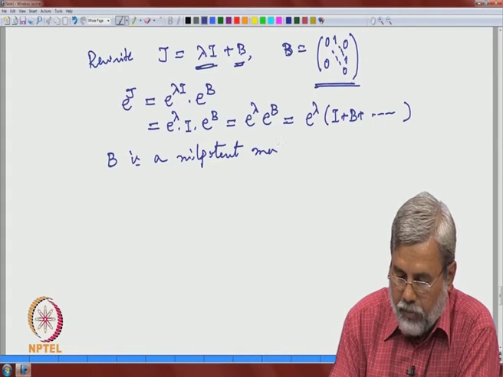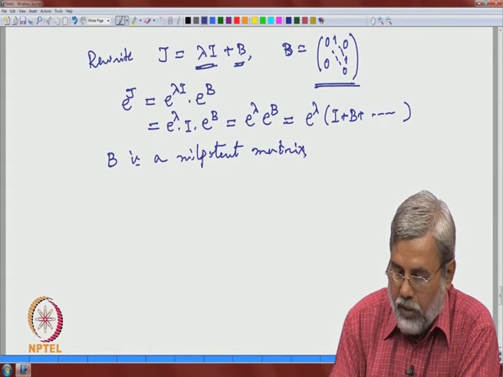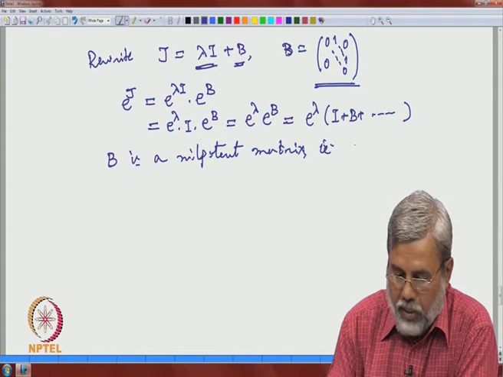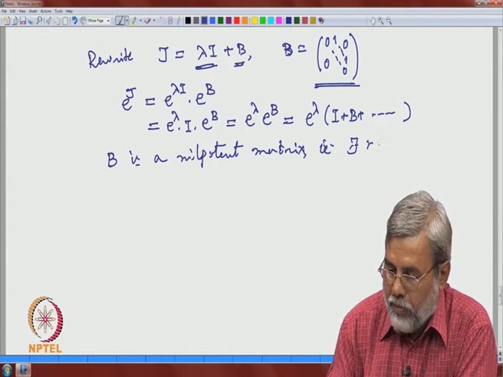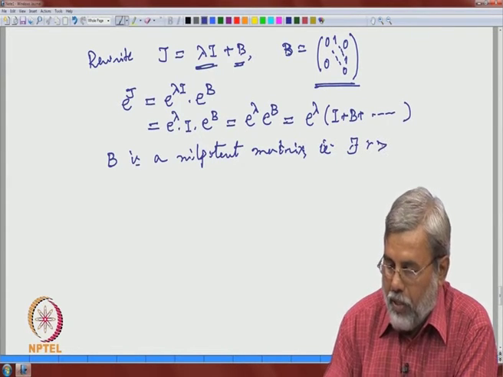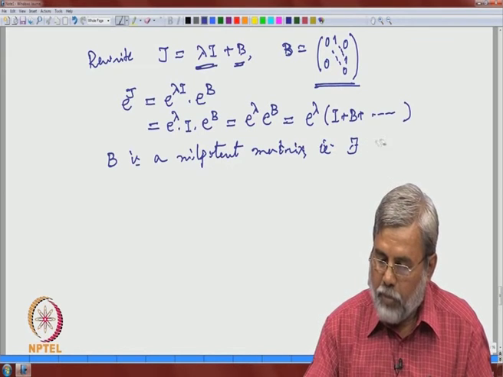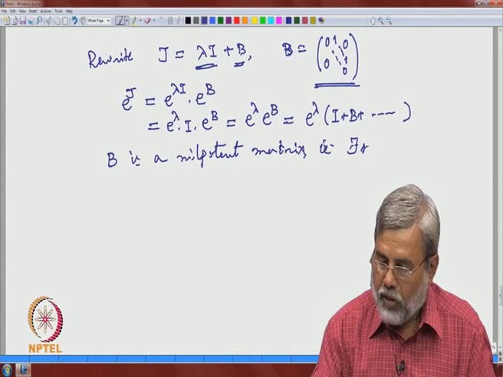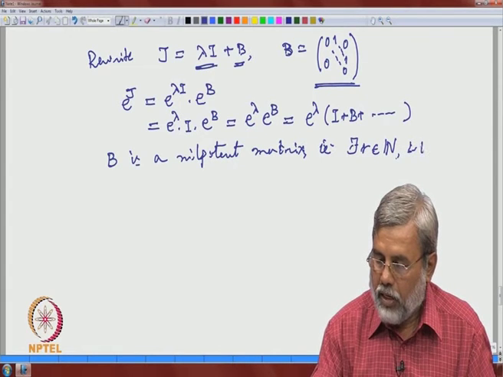That is, there exists some integer r such that B^r is 0.